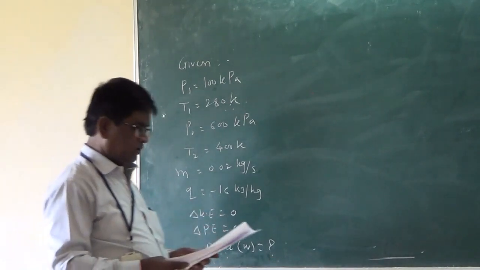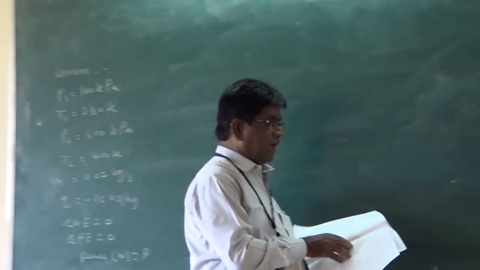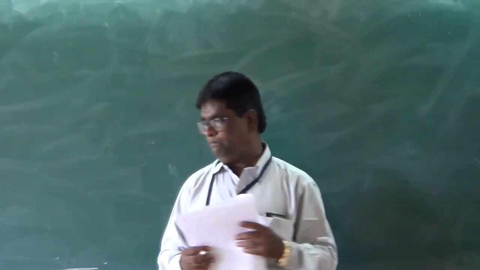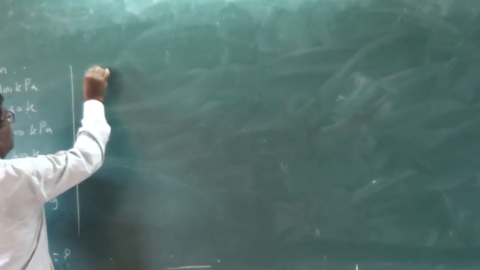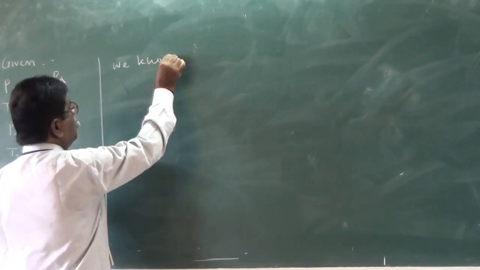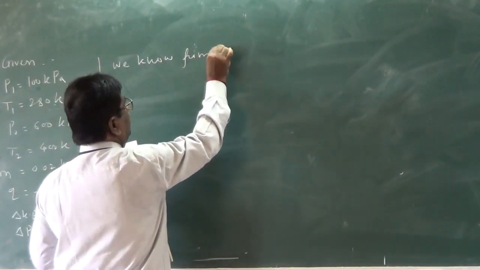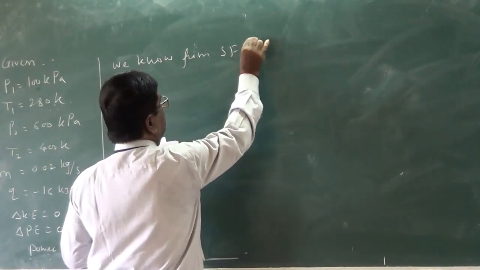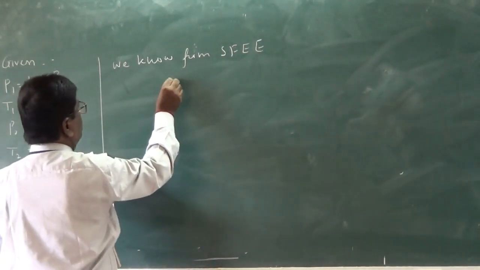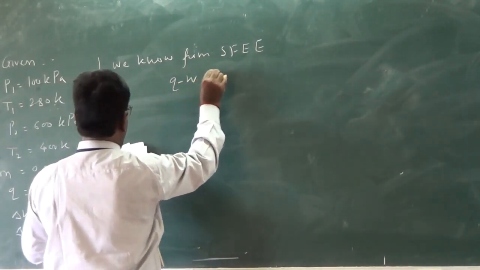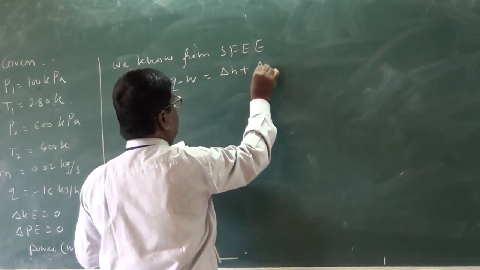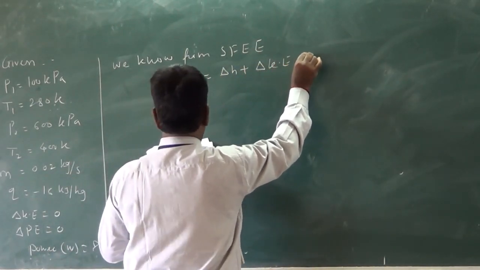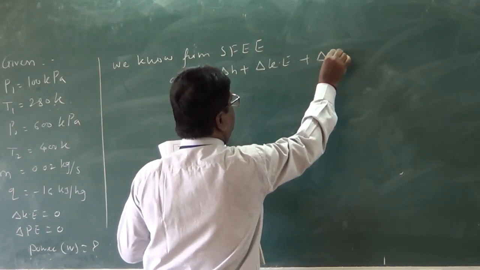So it is asked to calculate the power. Okay. Now from SFE we know Q minus W is equal to delta H plus delta K plus delta P.